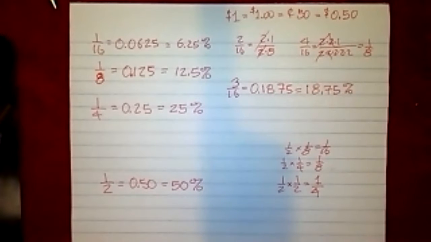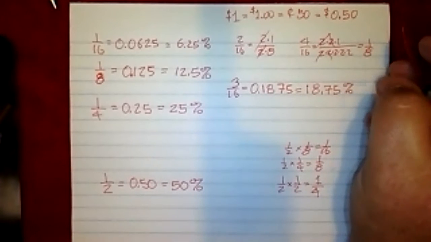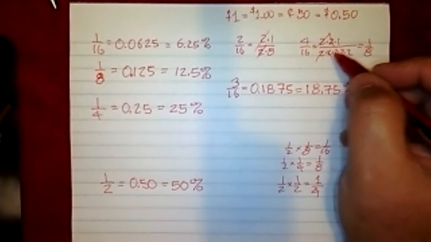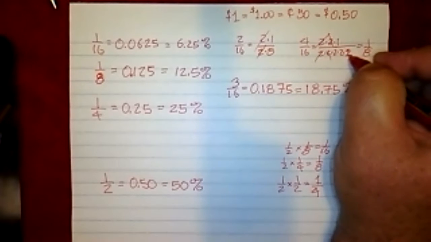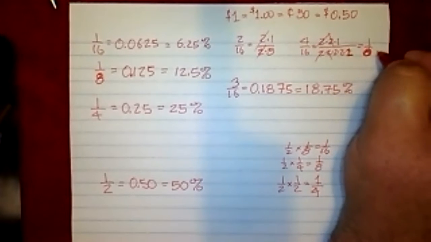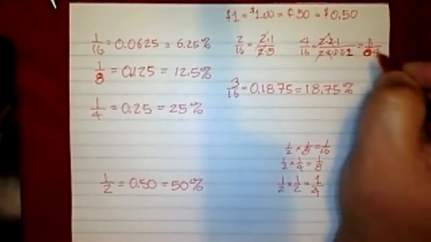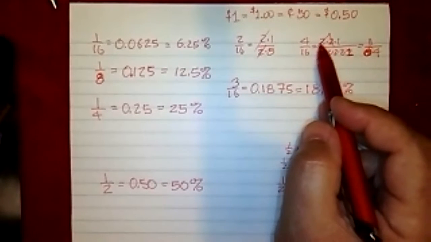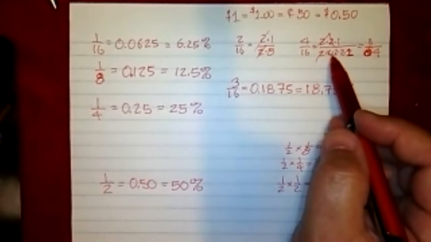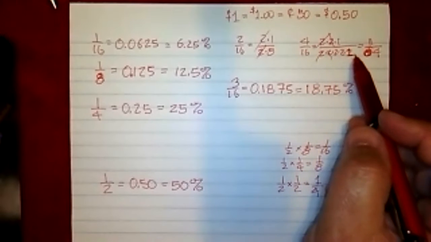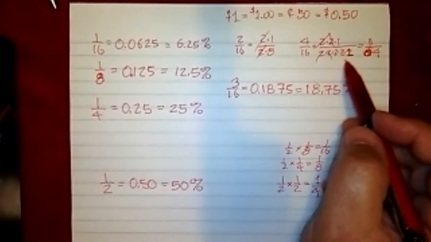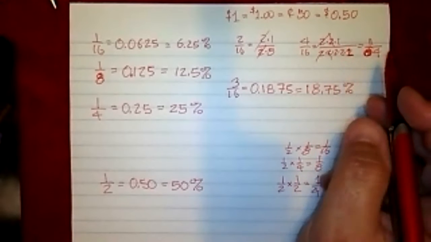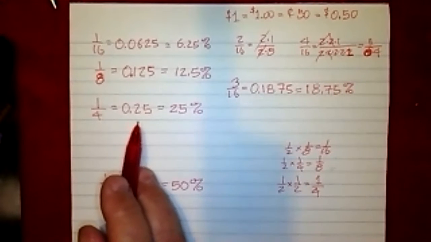But I already handled, which is, cancel something out there. 4/16 is 2 times 2, 16 is 4 times 4. Oh, this is supposed to be a 1, no wonder. Duh. So that's just 1/4. Sorry about that mistake there, everybody. I couldn't read my own handwriting. It was 2 times 2 times 1 over 2 times 2 times 2 times 2 times 1, and I read that as a 2, so that's what screwed me up. So it's 2 times 2 in the bottom, that's just 1/4. So I've already got that one covered.